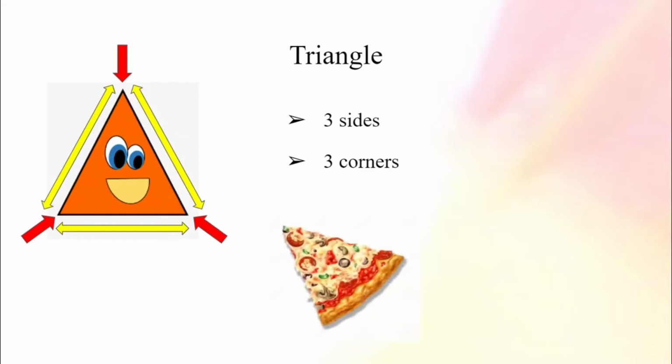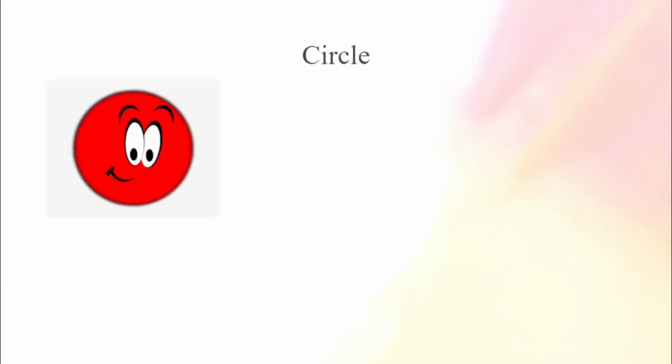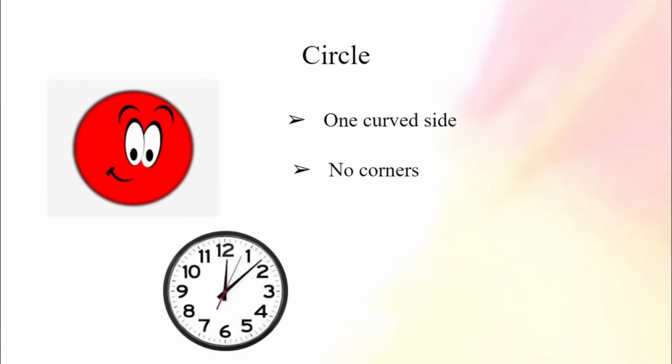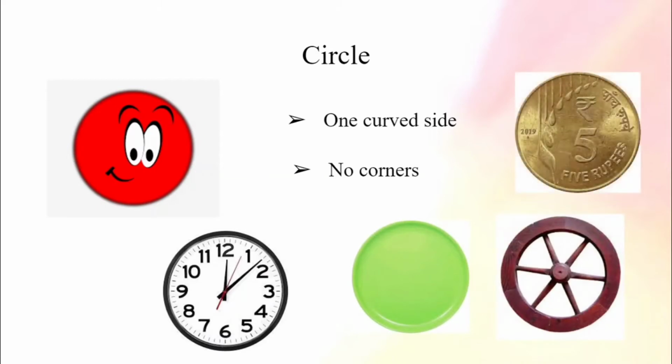We can find the shapes of a triangle in many things around us, like a slice of pizza, a hanger, a signboard, etc. Now the next plane shape is a circle. A circle has 1 curved side and no corners. We can find the shape of circles in many things around us, like a clock, a plate, a wheel, a coin, etc.